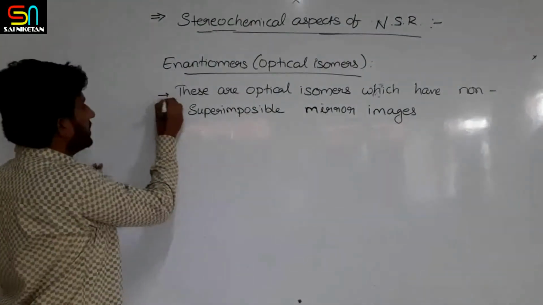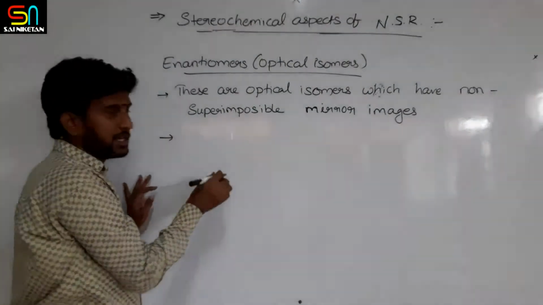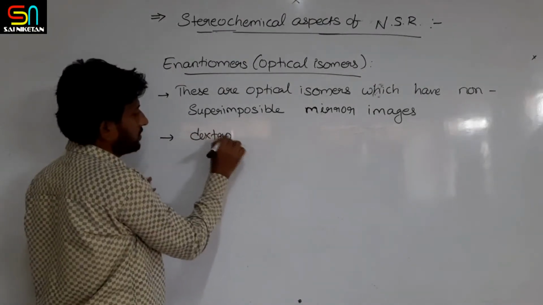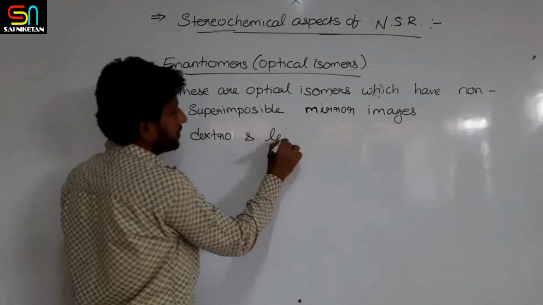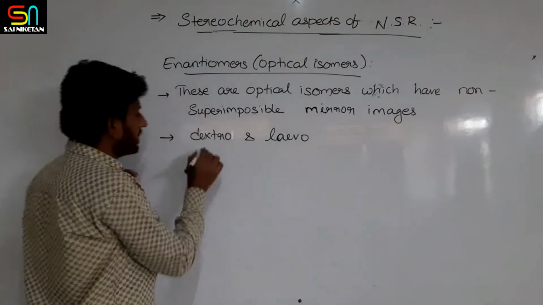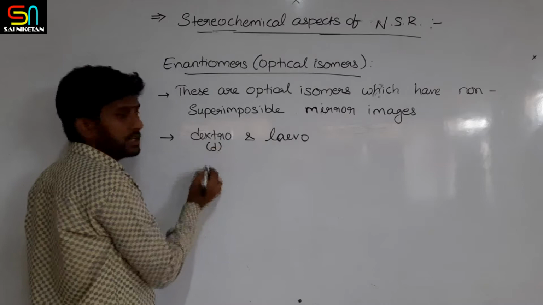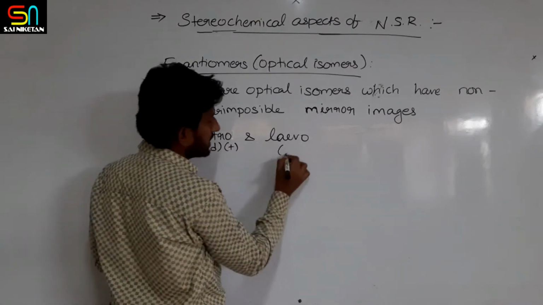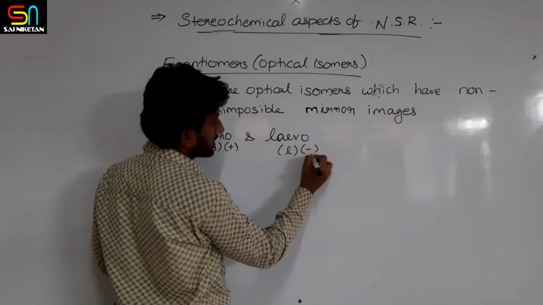Enantiomers can be of two types, as I said, dextro and levo. Dextro is indicated with a small d or plus sign, the plus isomer. Levo is indicated with a small l or minus isomer.